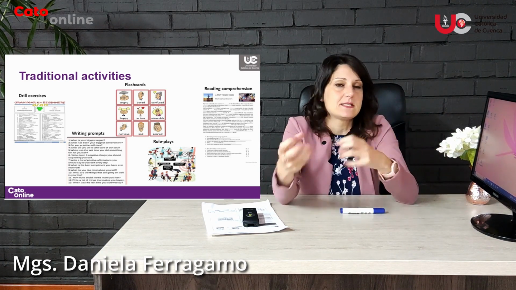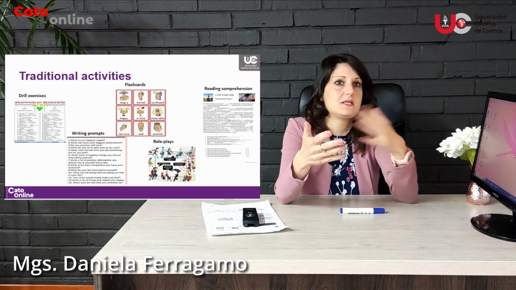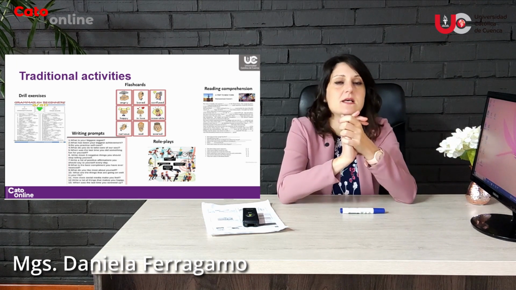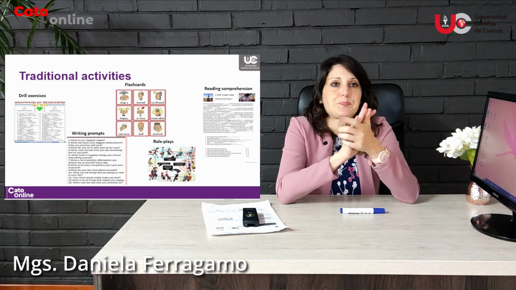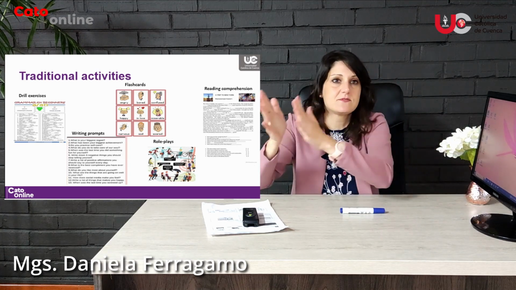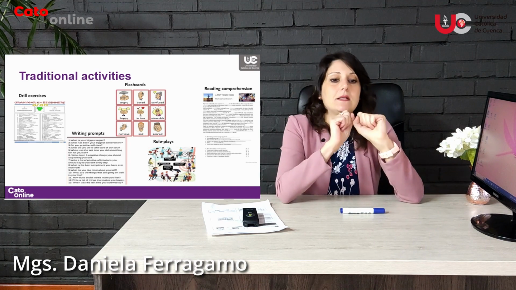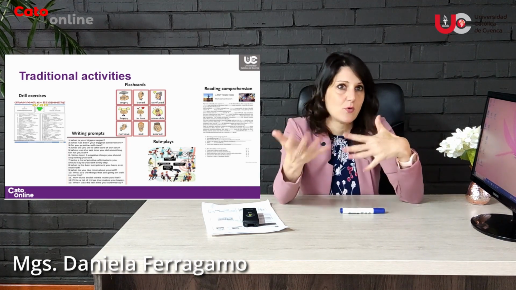Well, we can use this as a sort of grammar exercise. As you can see here, we have, for example, for beginners with grammar, the difference between the indefinite article a and an. We always have the same structure. They know the rule, and they have now to apply the rule.